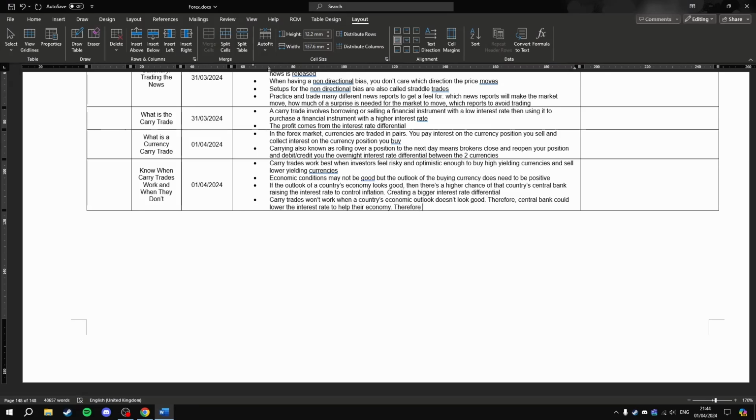Therefore, decreasing the interest rate differential.